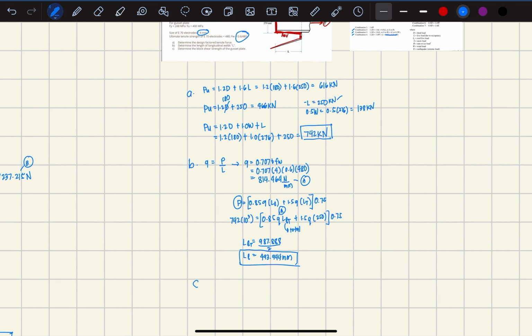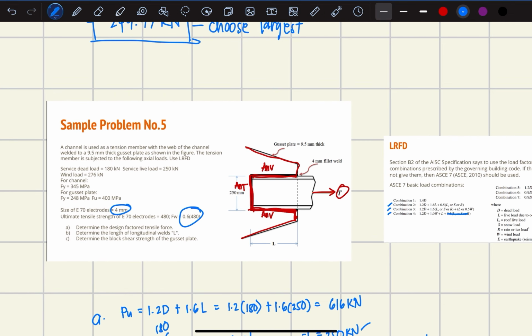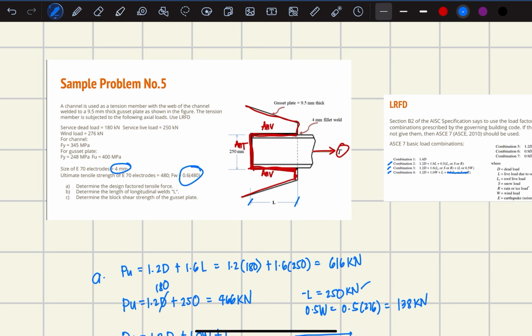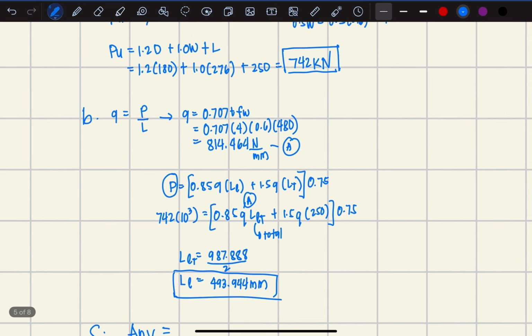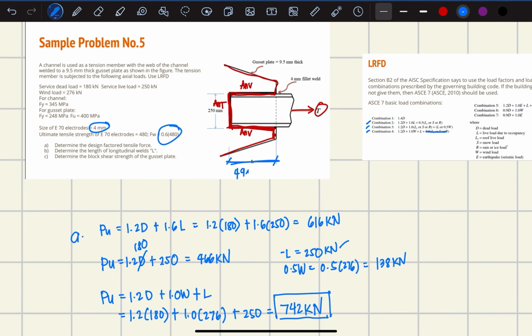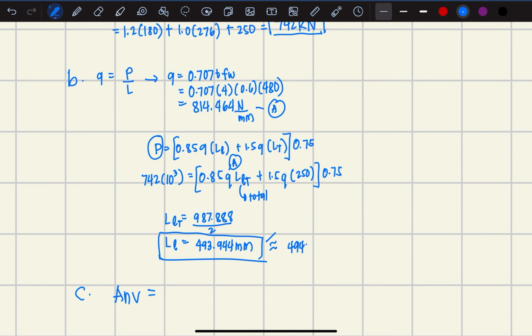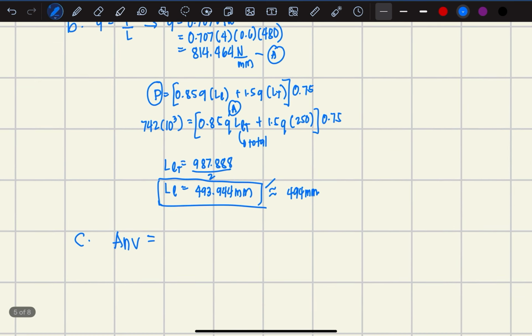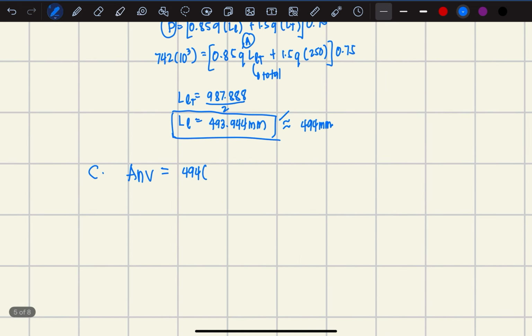So, to solve this, let's find the net area. For Anv, we already know the length, which we got as 493.944, or let's make it a whole number, 494 mm, from the earlier computation. So your net area is 494 times the thickness. Of course, we use the thickness of the gusset plate, which is given as 9.5.